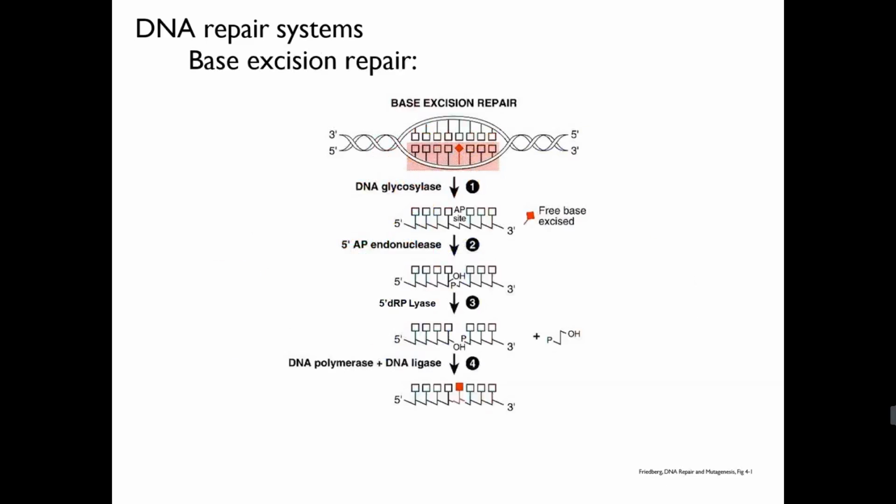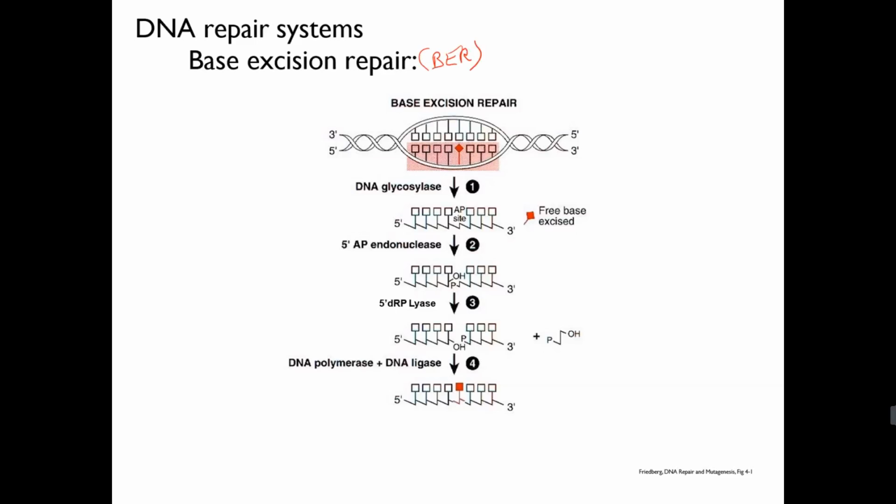The second system that I want to talk to you about is called base excision repair. And the idea with base excision repair, or BER, is that we're going to identify a damaged base, we're going to remove just the base and leave an AP site.